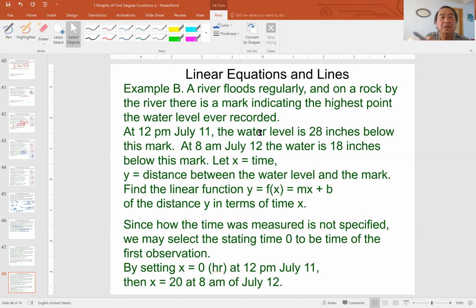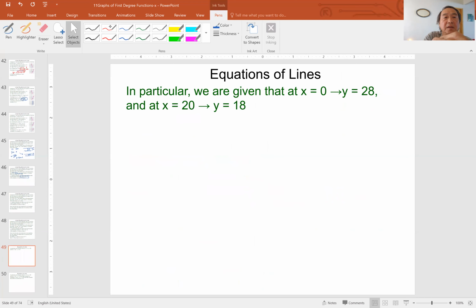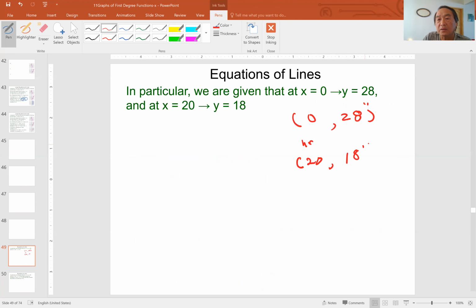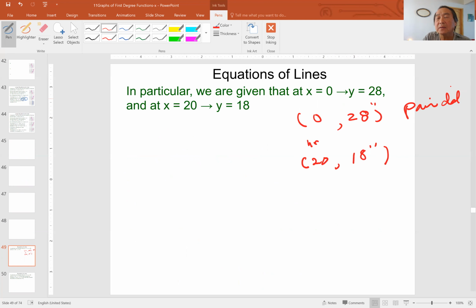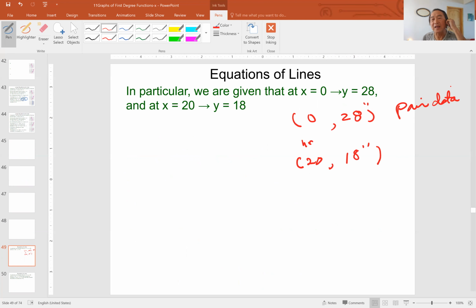So what we have basically is at hour 0, distance 28 inches. At the 20th hour, distance 18 inches. These are called paired data, and we have these a lot in mathematics.